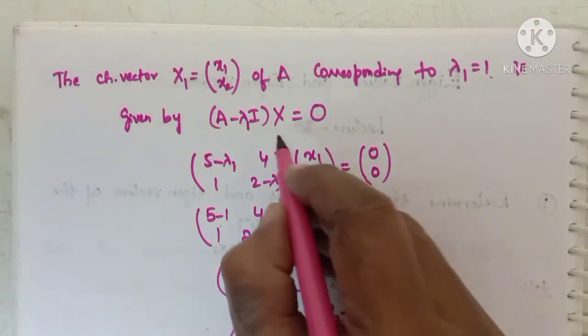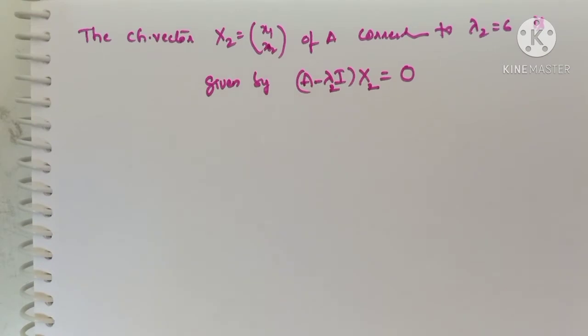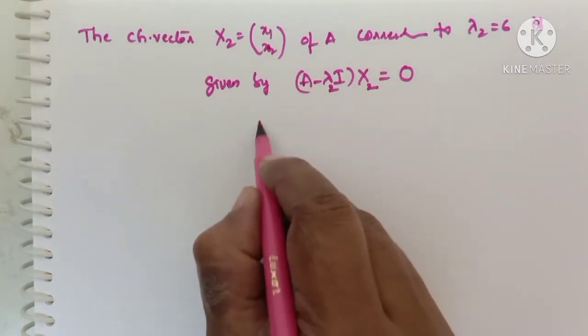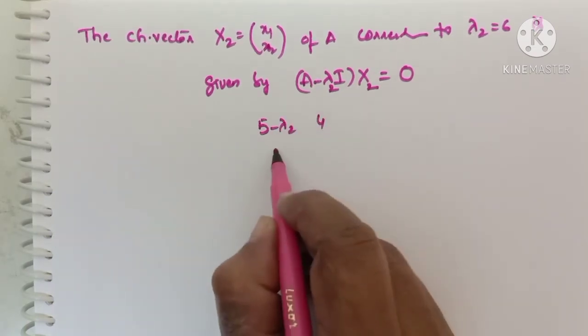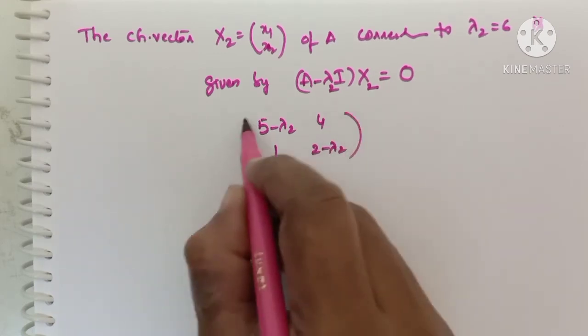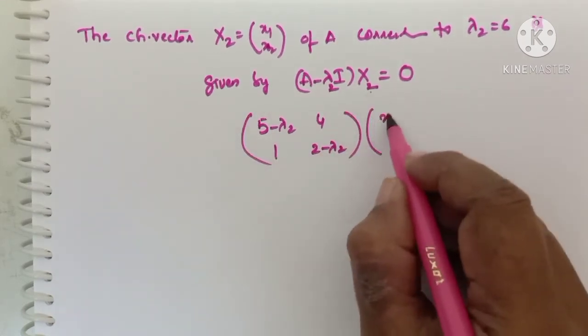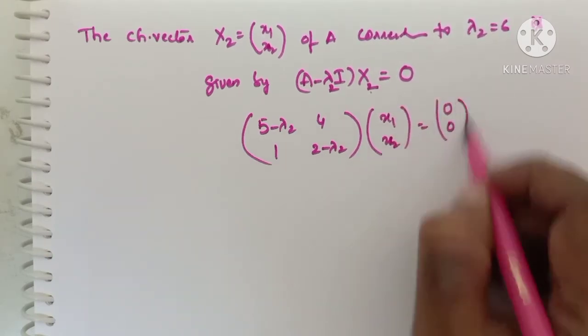Previously we wrote this X as X1. Now A minus lambda 2 into X2 equal to null matrix: 5 minus lambda 2, 4, 1, 2 minus lambda 2, capital X2 is x1, x2, and the null matrix is 0, 0.